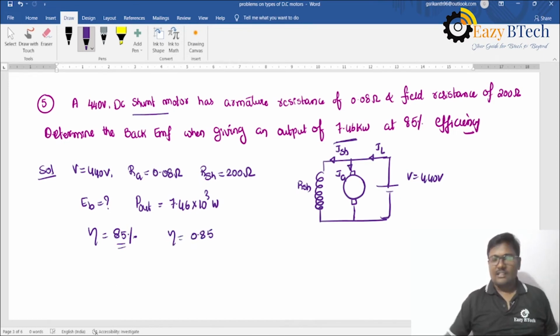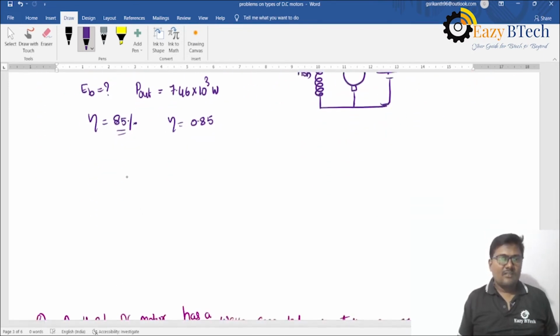Why is it giving an efficiency? You know that efficiency is equal to output power divided by input power.